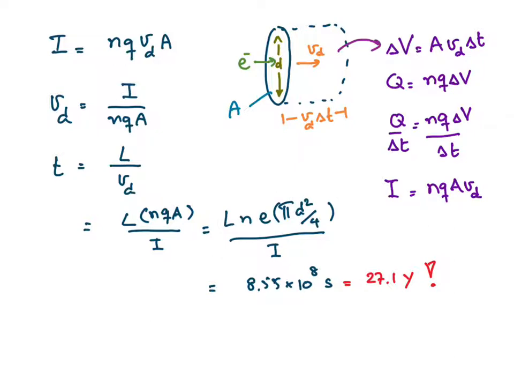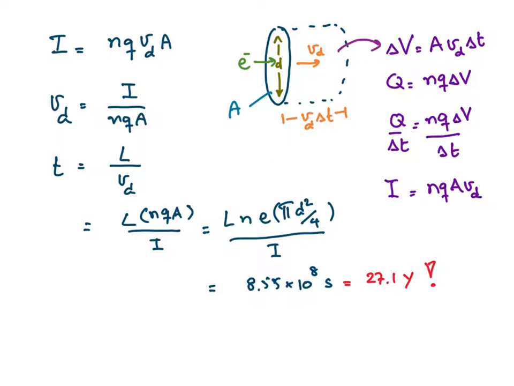This is a very long time. If we convert this to years, using 1 minute has 60 seconds, 1 hour has 60 minutes, 1 day has 24 hours, and 1 year has 365 days, we can convert this into 27.1 years. It means that the electron from the electrical generator plant moves through the line of 200 kilometers, which is normal.